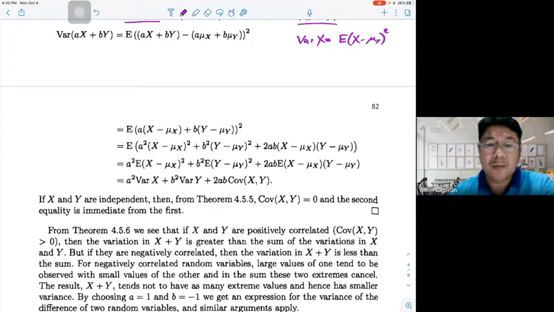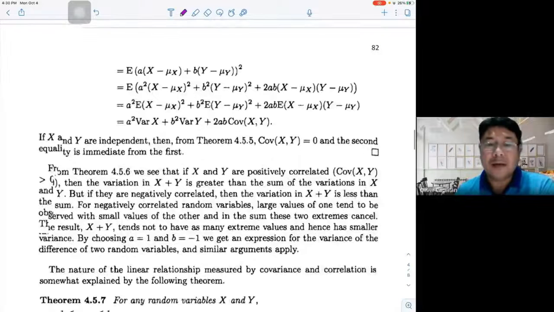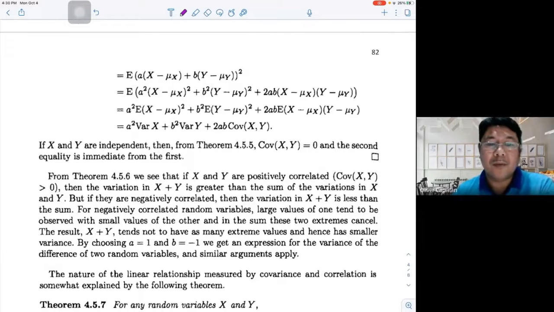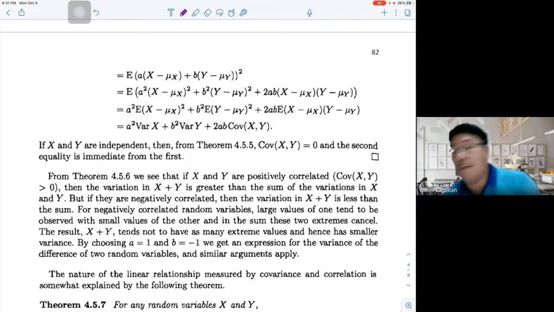Okay, so before we end, let me continue. Before theorem 4.5.7, if we have a sum, we're going to be able to determine the variance of the sum of two random variables. So if x and y are correlated, for the variance of the sum, we consider a to be 1 and b to be 1.